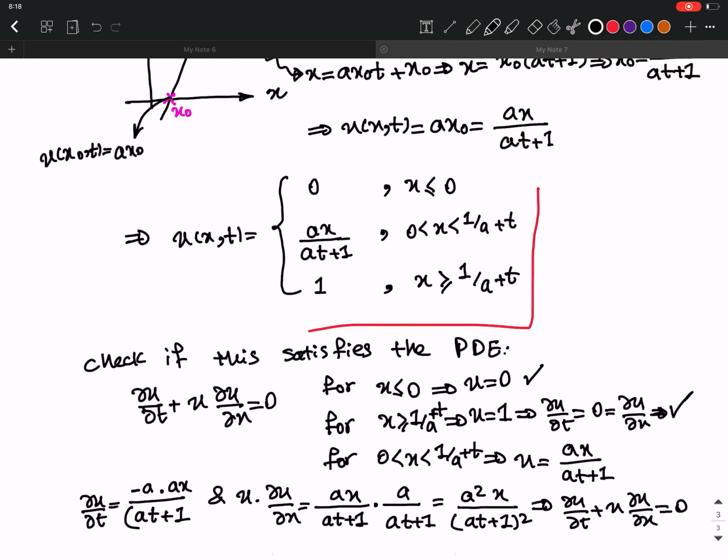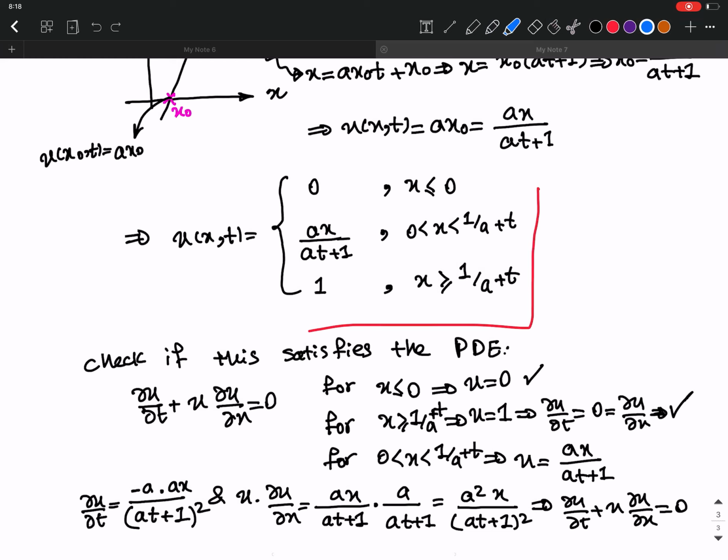We have a square here, because if you take the derivative, this is how it works with respect to time. So this term and this term are going to cancel out when you sum them together.